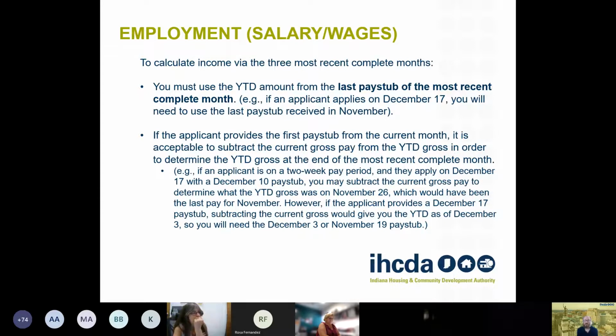So unfortunately, that's one of those cases where if they're on a 2-week pay period and they have a 3 paycheck month, and they provide that middle paycheck, you're kind of stuck. There's not much you can do with it if you're using 3 complete months. So at that point, you would need either the December 3rd or November 19th pay stub.